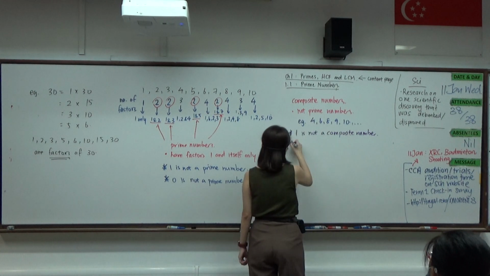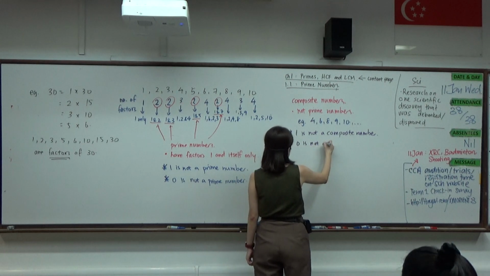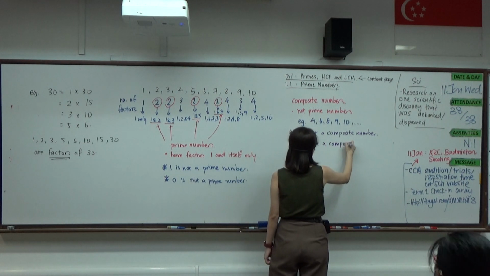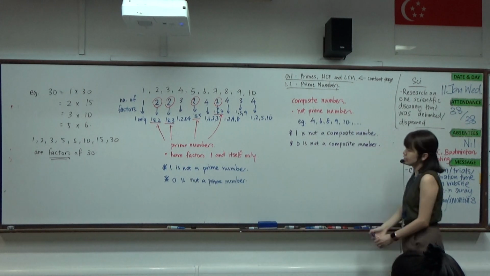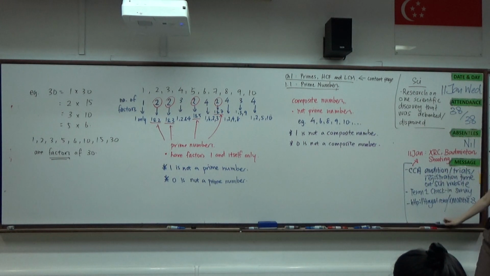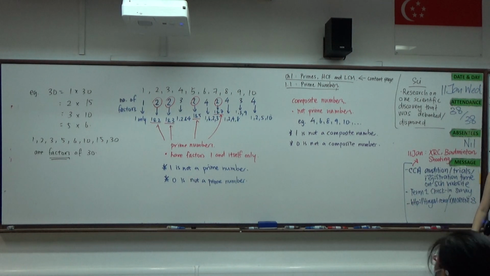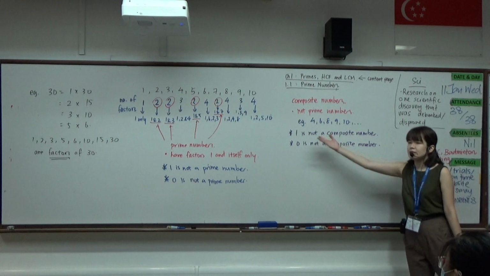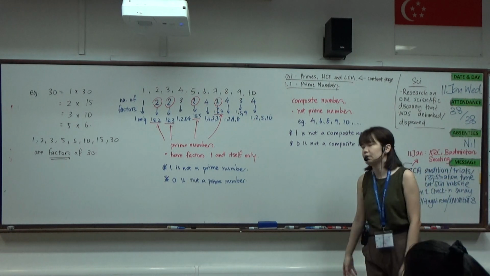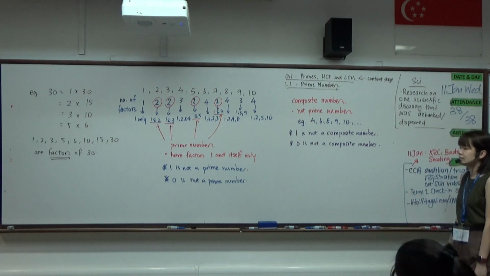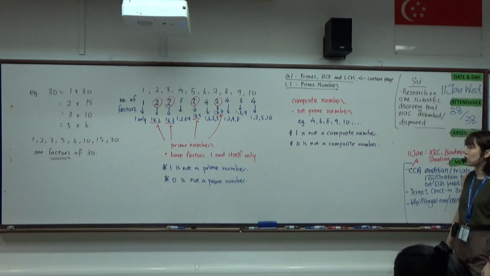Neither is 0. Perhaps it is because, as the name suggests, composite means that it is being made up of many other things. 1 isn't made up of many other things. 0 is made up of maybe too many of it. So therefore 1 and 0, they are neither prime numbers nor composite numbers.